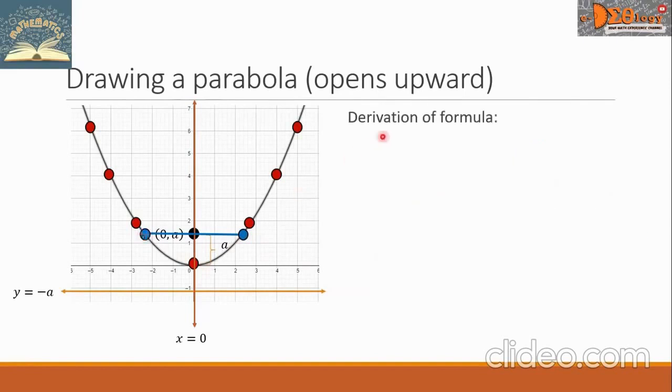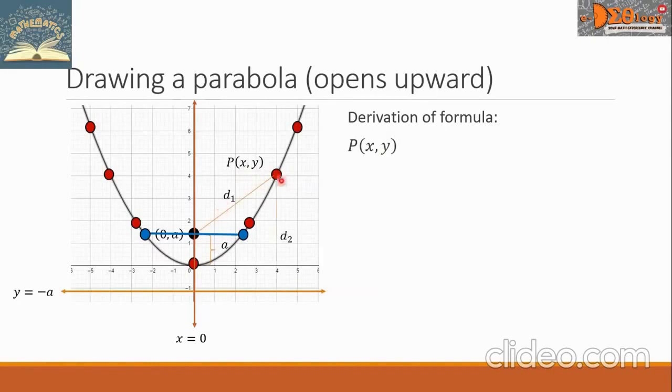Let us now derive the formula. Let us pick one point of the parabola, let's say this point, and we put this as point P with coordinates (x, y). And then let us consider the distance from this moving point to the focus, and that is a fixed point. We denote this as d sub 1.